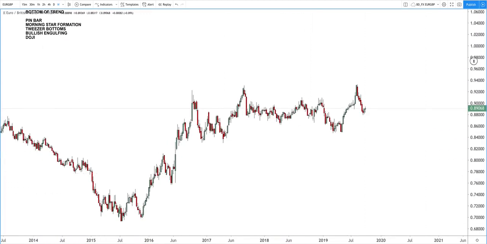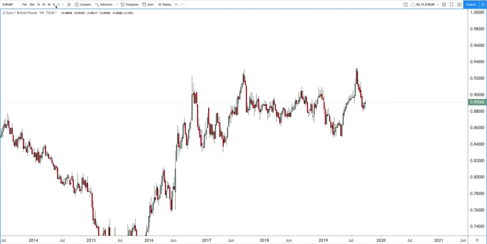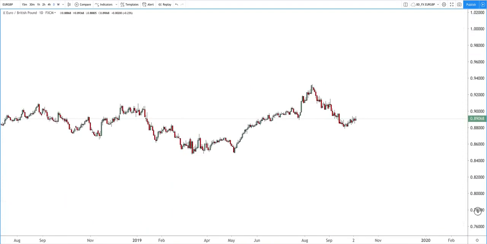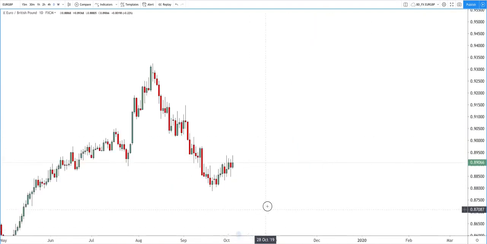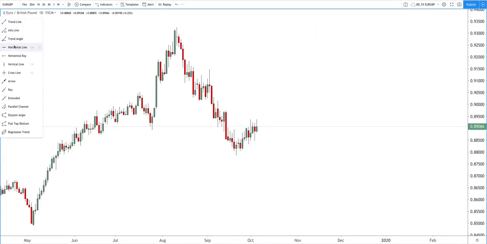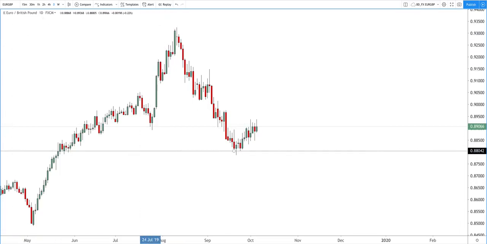Now, with a clean chart there's not much structure, so you really want to have your daily support and resistance levels. You can add those on, so you can have a support level there, a resistance level here, and so on.